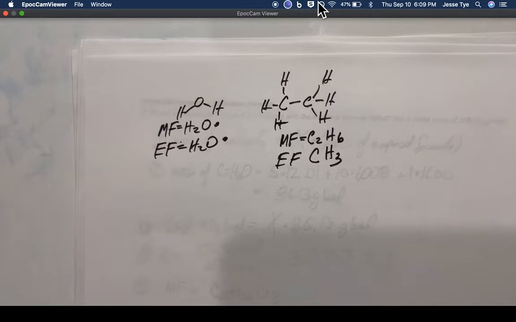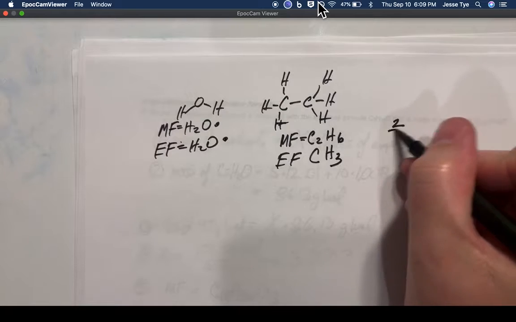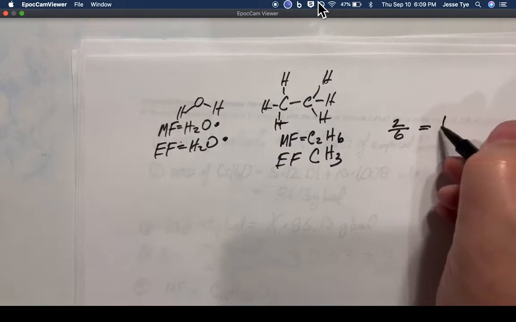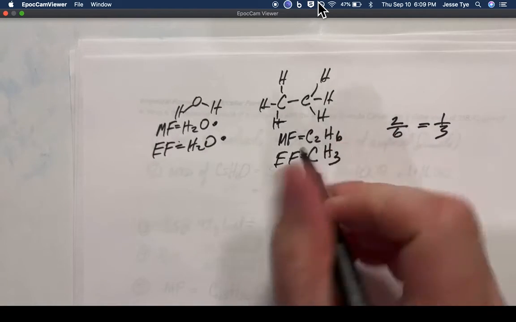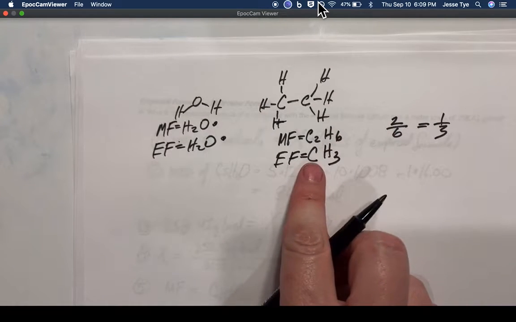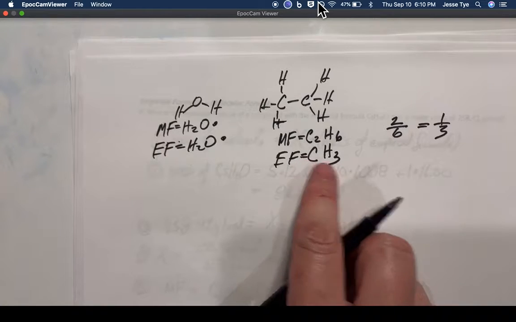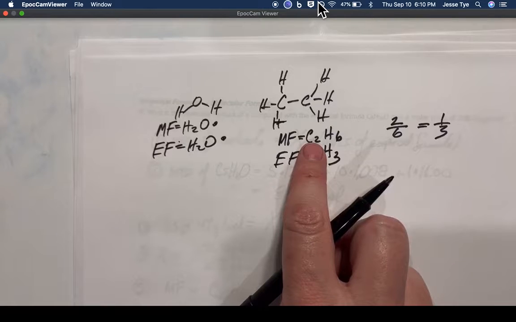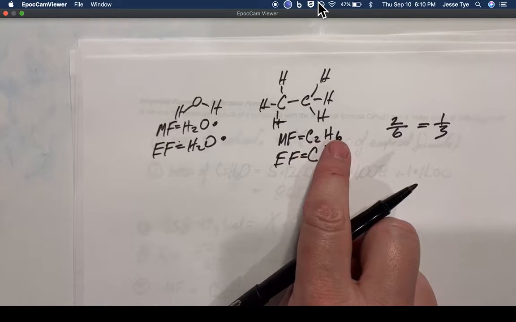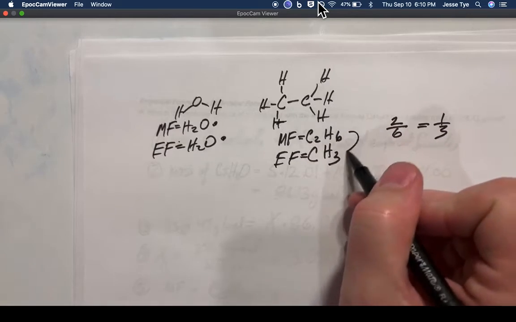It's a consequence of, if you think about it in terms of fractions, 2 over 6 is equal to 1 over 3. The experiment that we do to get the empirical formula only tells us the ratio of the elements. So it tells me that there's 1 carbon for every 3 hydrogens. That's still true up here. For 2 carbons, there's 6 hydrogens, so the ratio holds, but they're different.